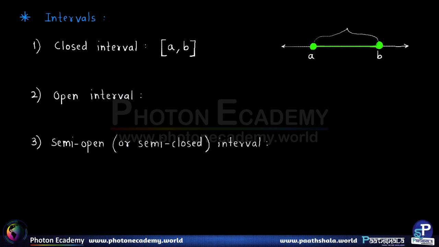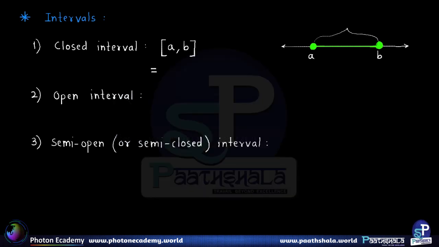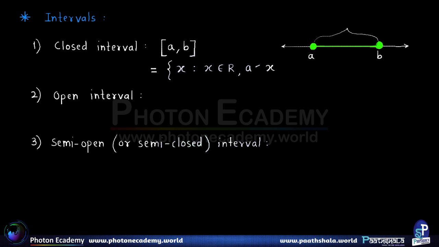If we want to write this in set builder notation, it is the set of all x such that x is real and x lies between a and b. So I will write a less than or equal to x less than or equal to b. Now see, I am considering the equality on both ends because I want a and b also to be included in the set. That's the closed interval.